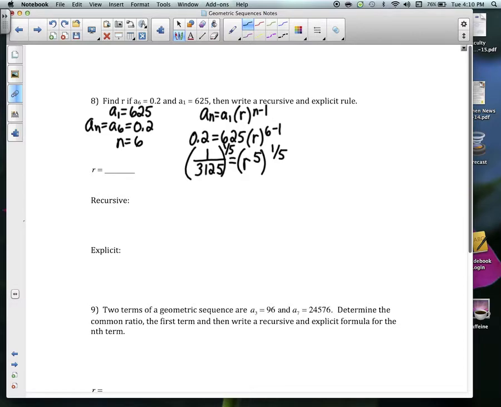So put in your calculator 1/3125, raise it to the 1/5. You'll get an R value of 1/5 or 0.2. And that'll just depend if you're using the fraction tool or not.